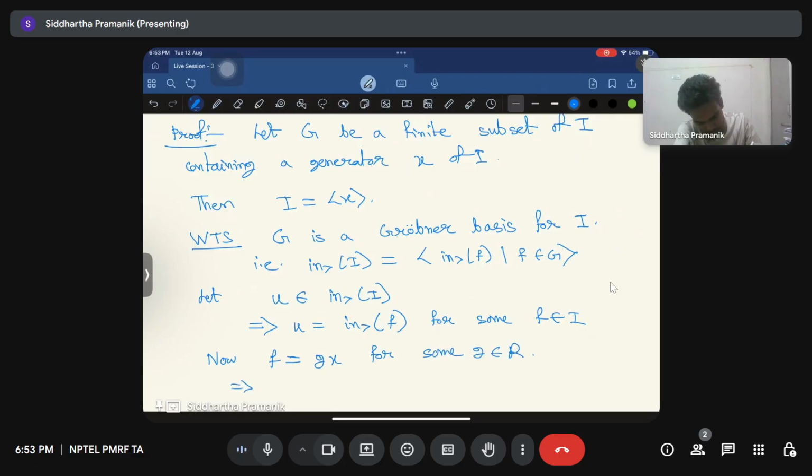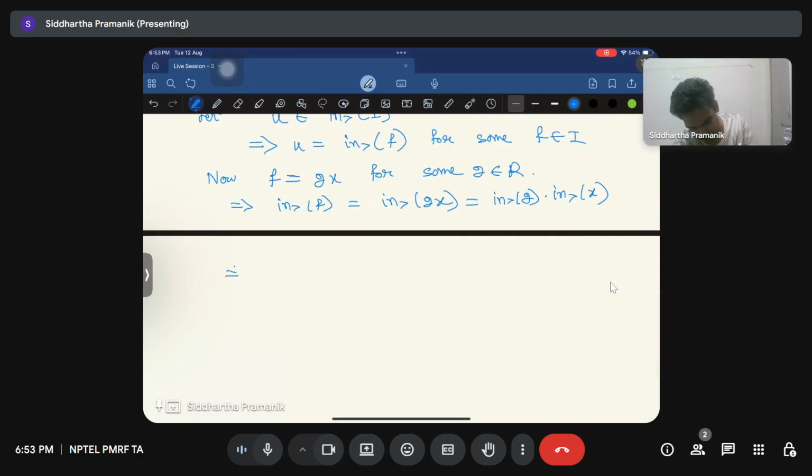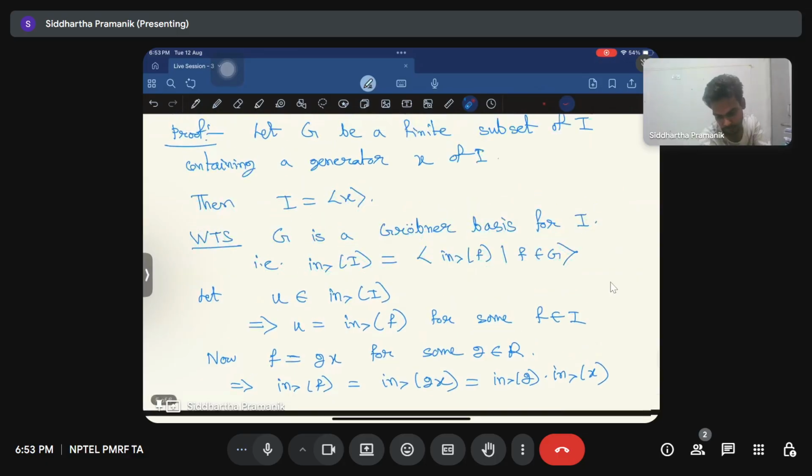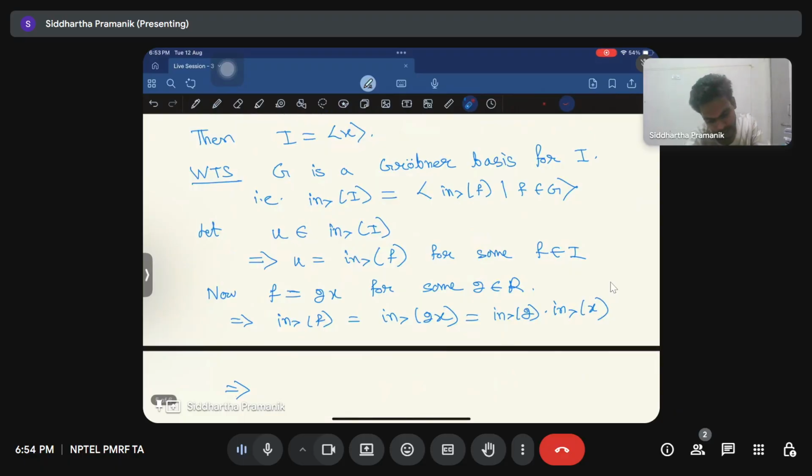Now this implies the initial term of f is the initial term of g times x, and the initial term of a product of two polynomials, which I have already proved in the previous live sessions, is the initial term of g times the initial term of x. So this implies the initial term of x is in this set.